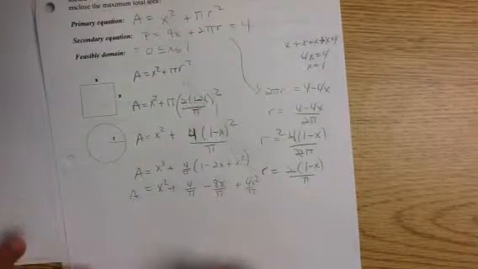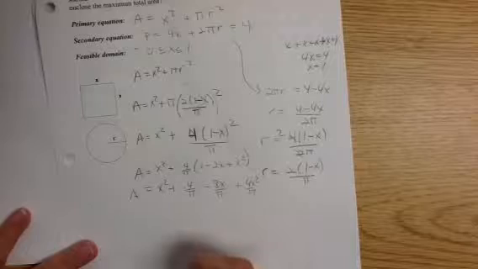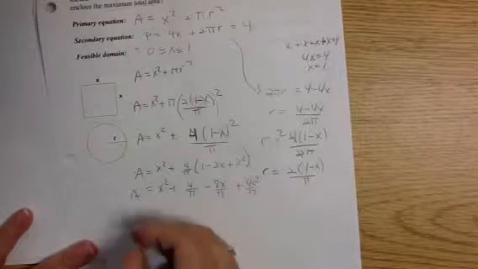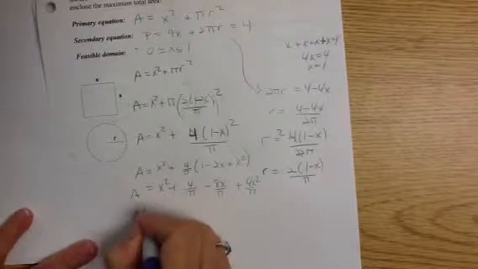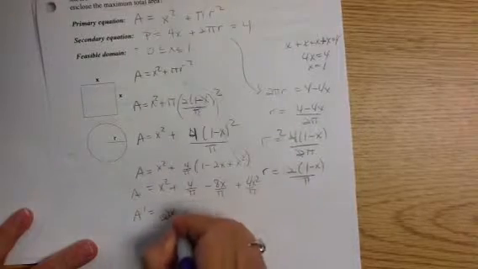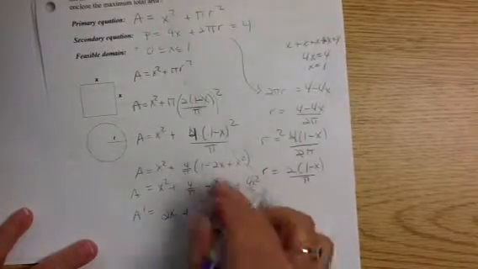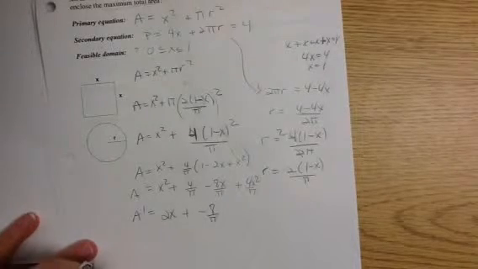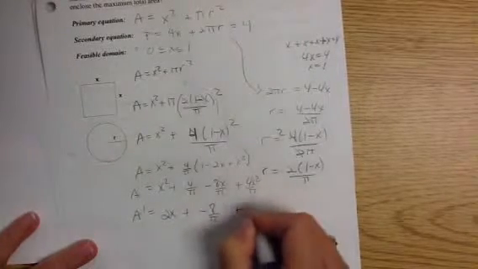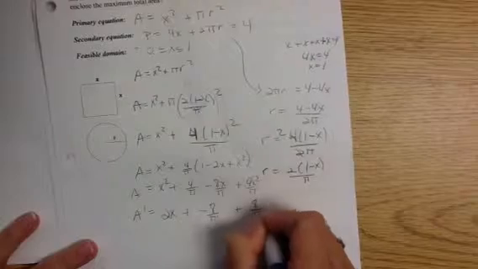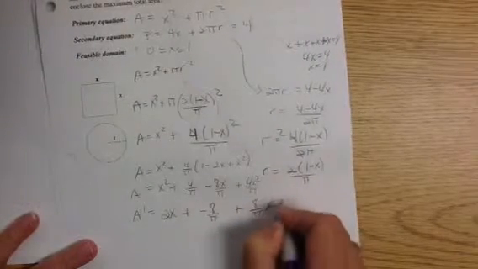So let's take this derivative and see what we get. And I'm going to say the derivative is 2x plus, there's 0, minus 8 over pi, and that is x, plus 8 over pi times x equals 0.